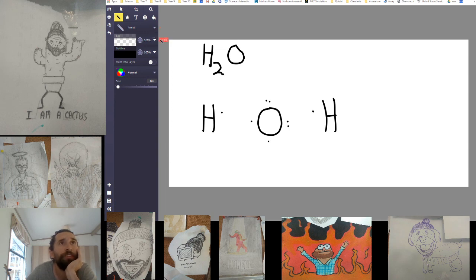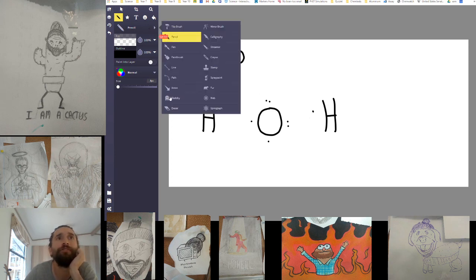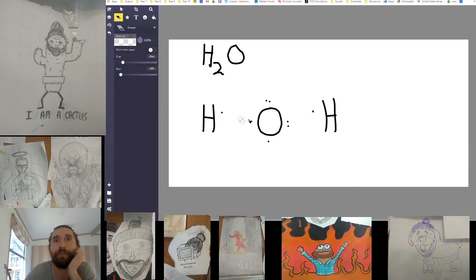So what's going to happen is this: each hydrogen is going to form a covalent bond with 1 unpaired electron in the oxygen. So these 2 are going to join together. Let me see how I do this. Erase it, nice. So those 2, oh, that's weird, are going to form a bond.